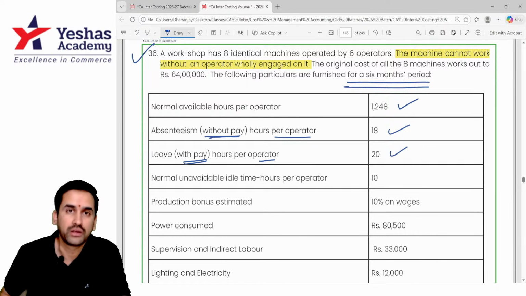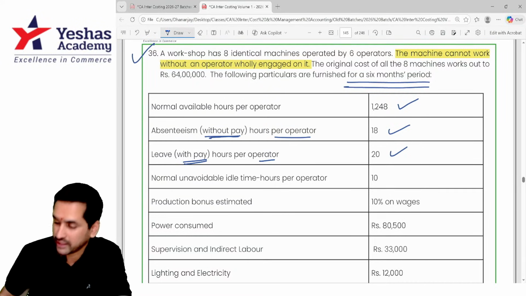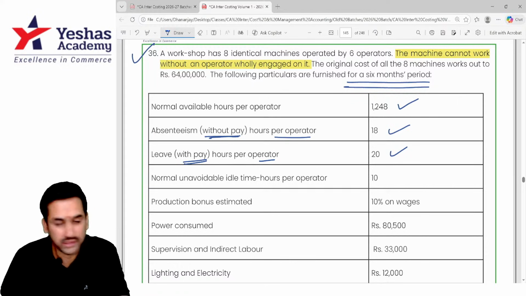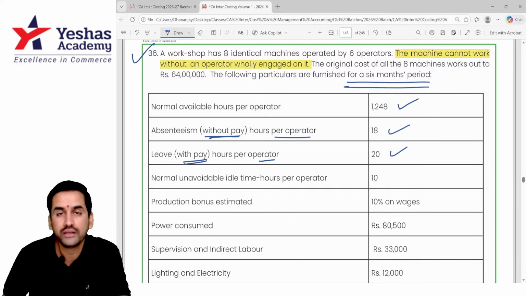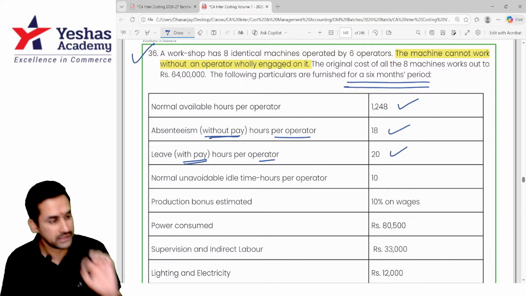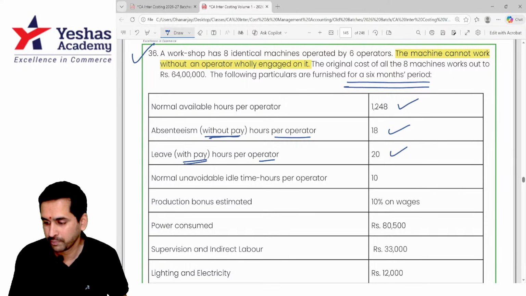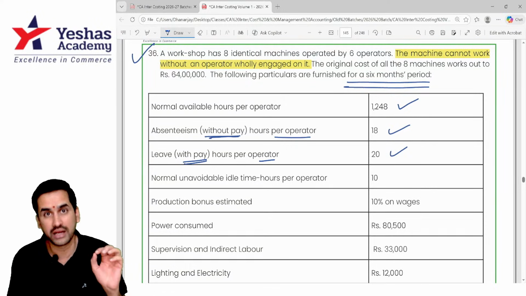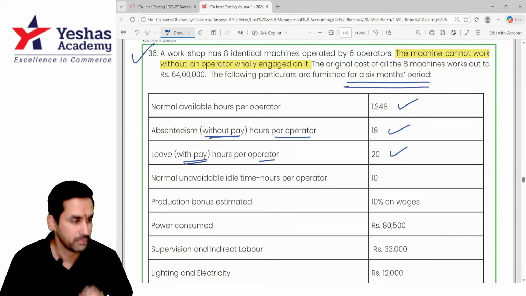If labor is on leave, indirectly the machine is also on leave. If labor is absent, the machine is also not working. If it is Sunday, since labor is on holiday, even the machine is enjoying its holiday. Do you agree? Because the machine cannot work on its own. Therefore, if we calculate labor hours, that itself is machine hours.